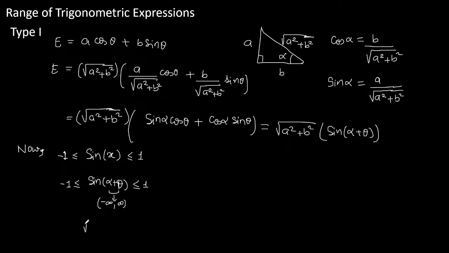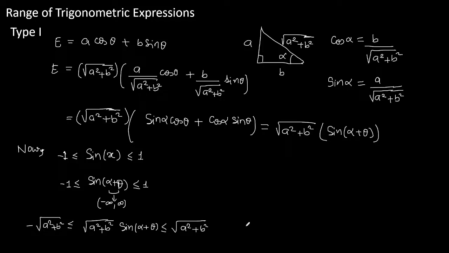So if you multiply root under a square plus b square, which is a positive term, to sin alpha plus theta, it will go to root under a square plus b square, and this is going to be minus root under a square plus b square.